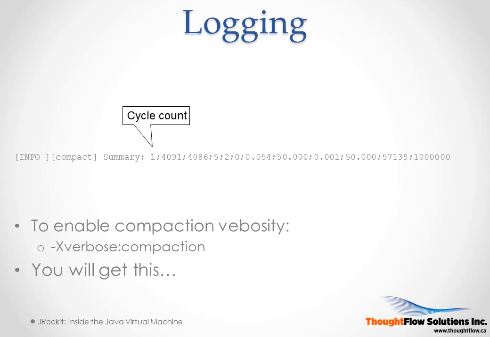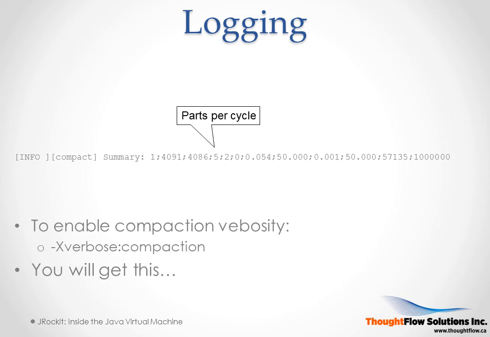And here's what these mean. 1 would be the cycle count, so this is just a number that's going to increase throughout the life of your application. This is the number of the part that is being compacted at this time. So it will go, in this example, from 4091 to 4086. So we can see this is an external compaction that's working its way backwards.